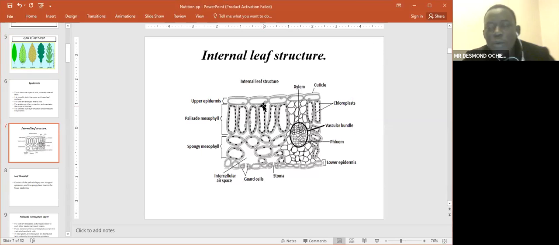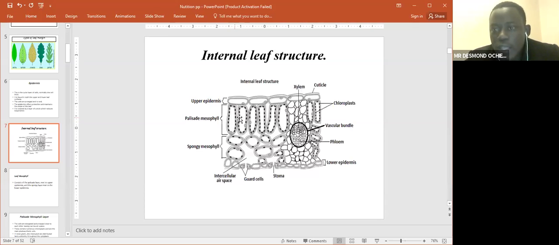Good. The reason why the Palisade mesophyll cells have a lot of chloroplasts is because they're located next to the upper epidermis, or the upper part of the leaf, which receives maximum sunlight. The presence of many chloroplasts inside the Palisade mesophyll cells enables them to trap maximum sunlight, which is used for photosynthesis.